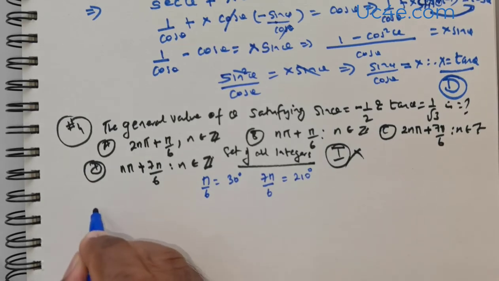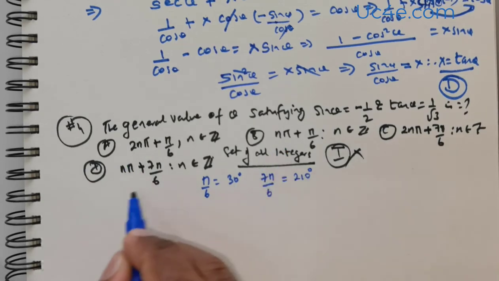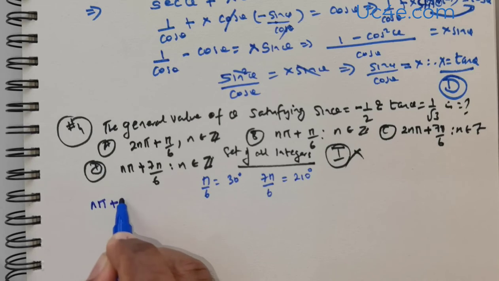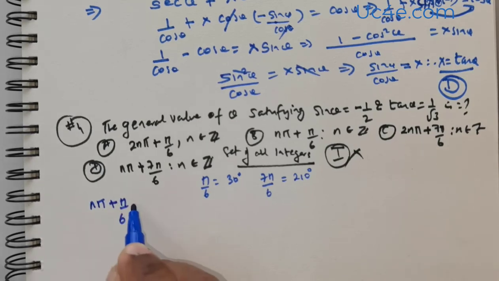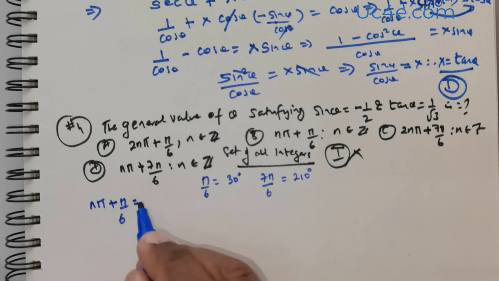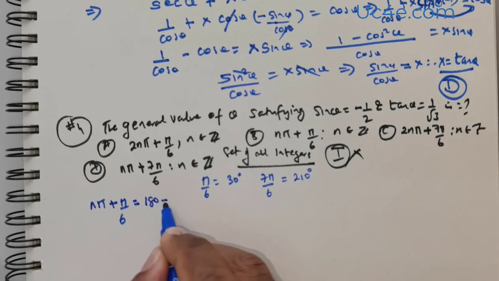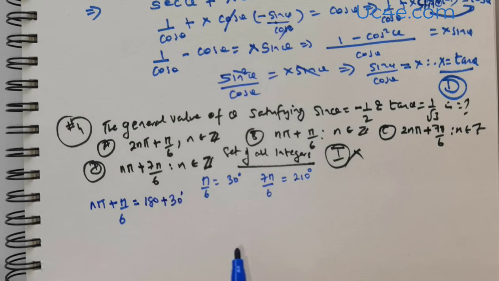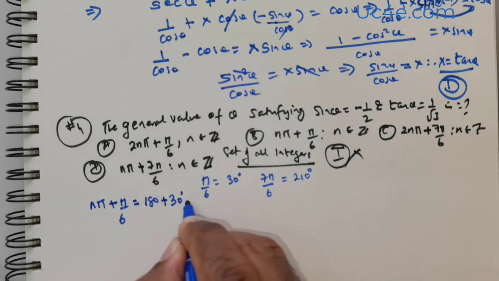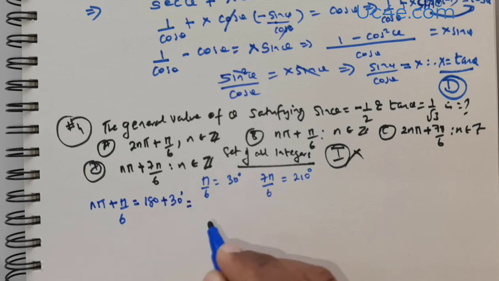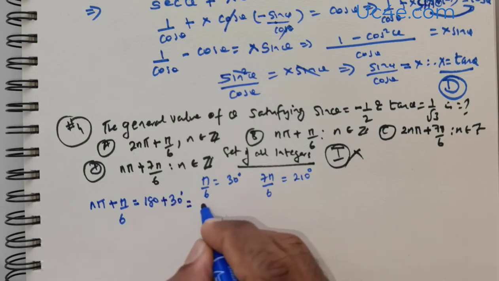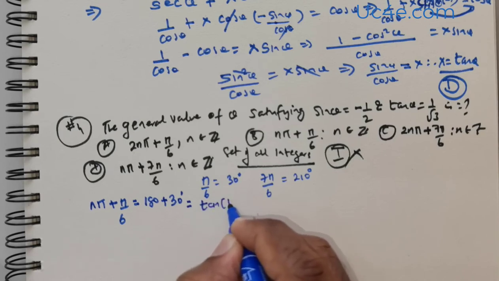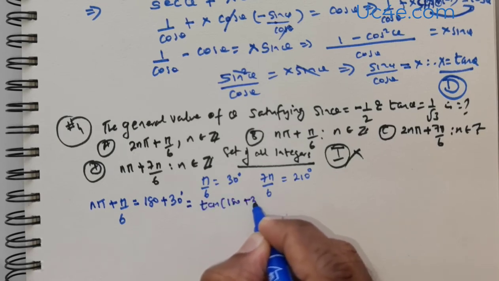Now let me write down these values. Say I start with n pi positive pi over 6. Now if I were to take n is equal to 1, then the value is going to be 180 added with 30 degrees, right? And we can take this argument for tan of 180 positive 30.